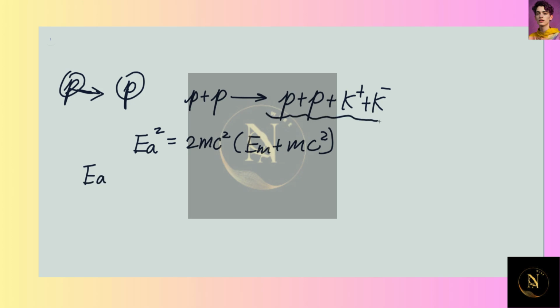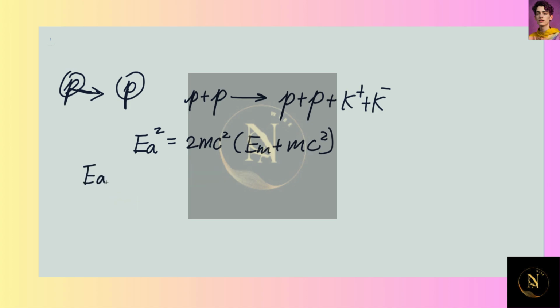The minimal available energy must equal the rest mass energy of the products, which in this case is two protons, a K plus and a K minus.